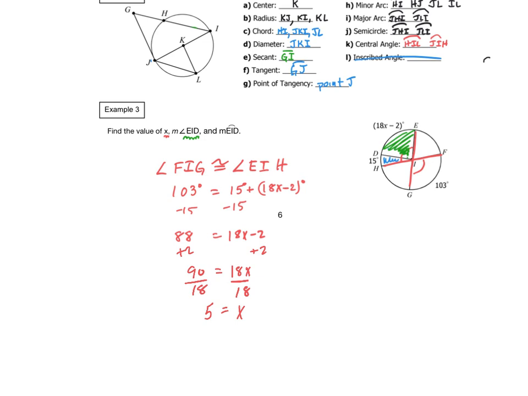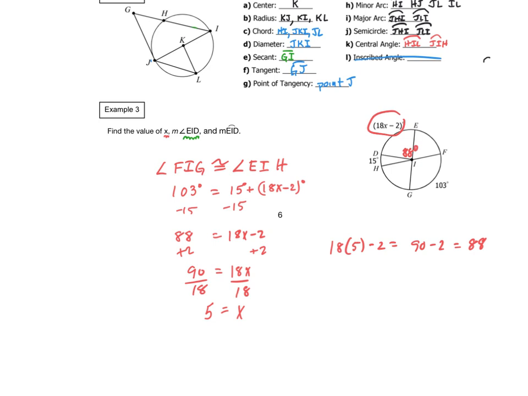And then in order to find out what is the measure of EID, or DIE, we would go ahead and substitute in here because that is my angle measurement. So I have 18 times 5 minus 2, which is 90 minus 2, which is 88. So this degree is going to be 88.